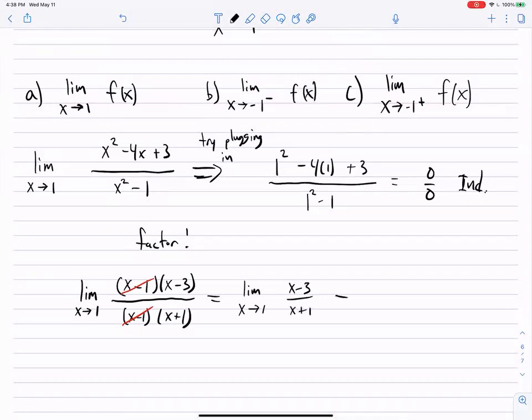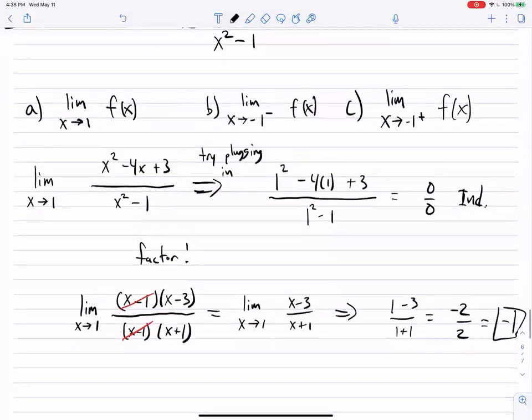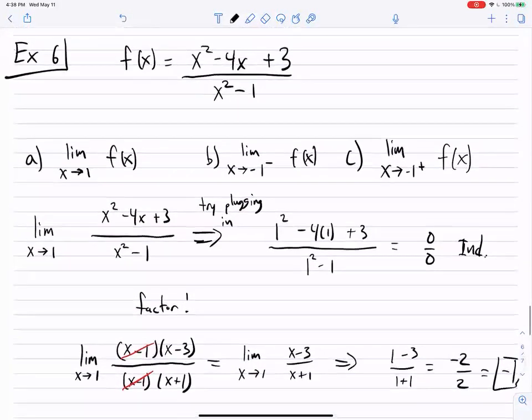Now try plugging in. And this leads us to 1 minus 3 over 1 plus 1, which is -2 over 2, so -1. So that's the limit as x approaches 1 for this function. The limit as x approaches 1 will be -1.